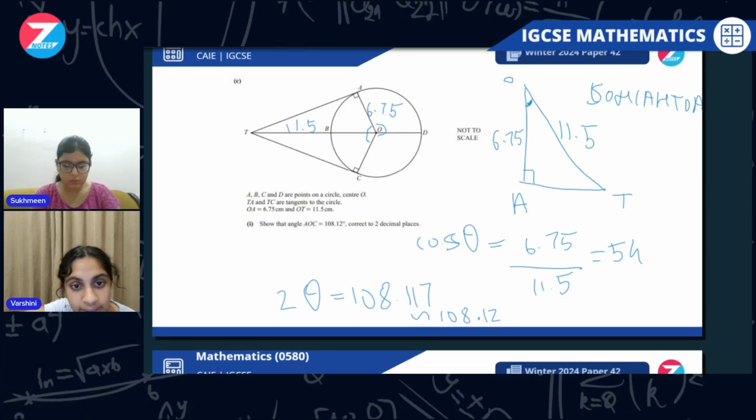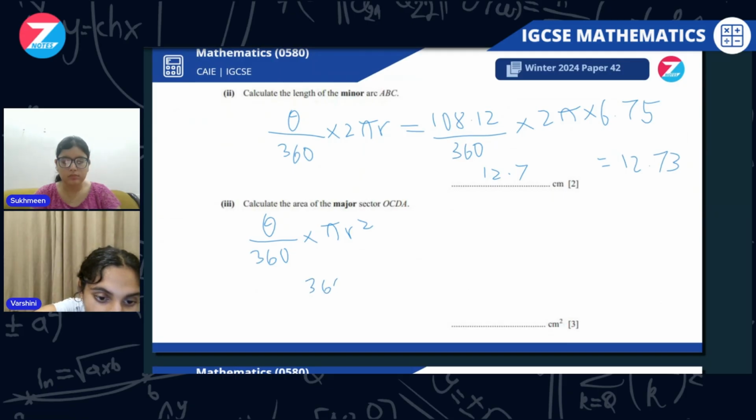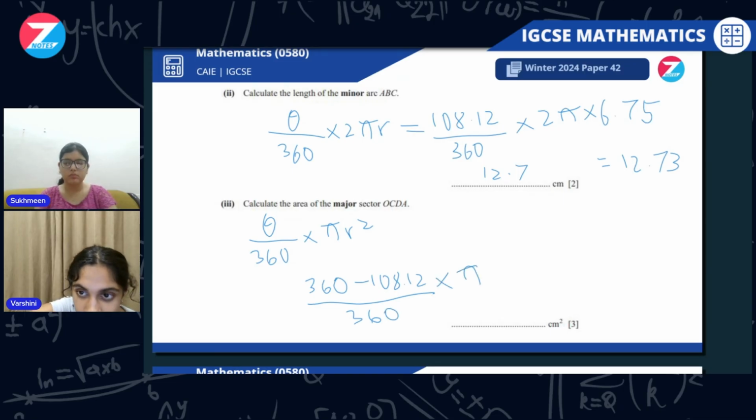So this angle is nothing but 360 minus the smaller angle, which is 108.12, divided by 360 into pi r squared, which is 6.75 squared.